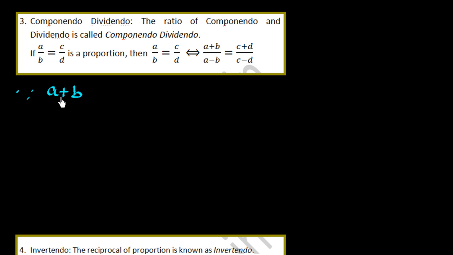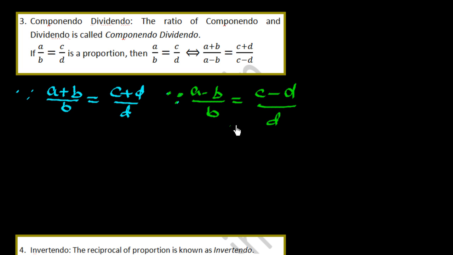A plus B over B is equal to C plus D over D. We know this thing. And again we know that A minus B over B is equal to C minus D over D. So if we have to find out the componendo and dividendo, so this is our first equation and this is our second equation.